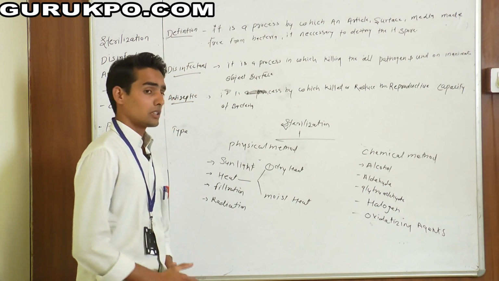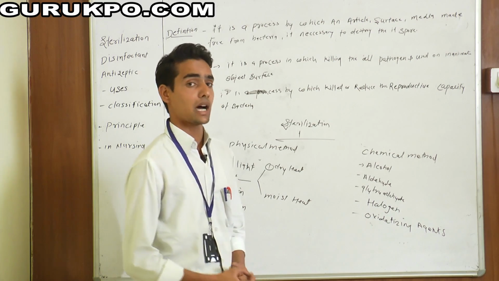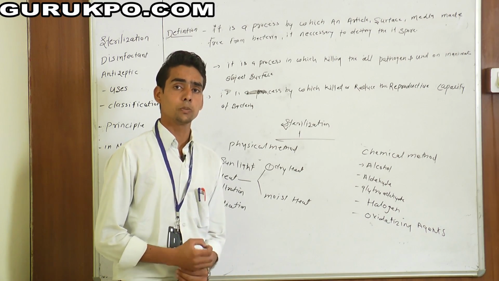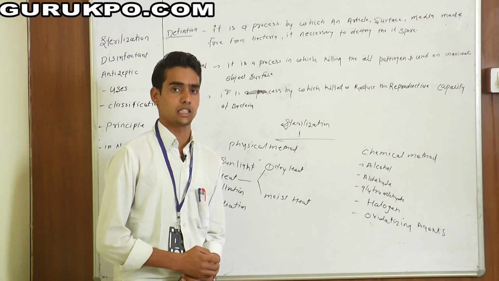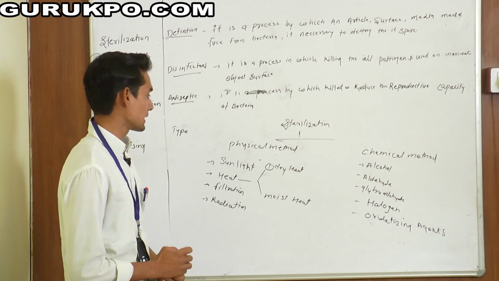Physical methods are used directly to make equipment free from microorganisms. The first method is sunlight.